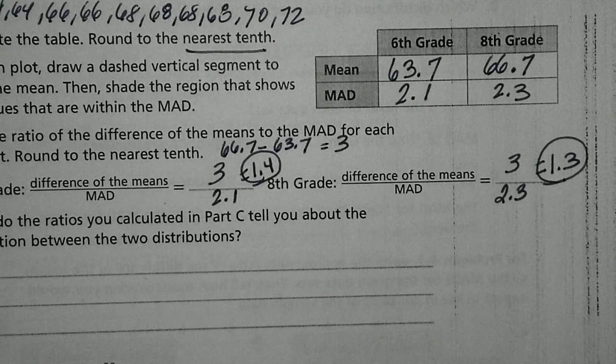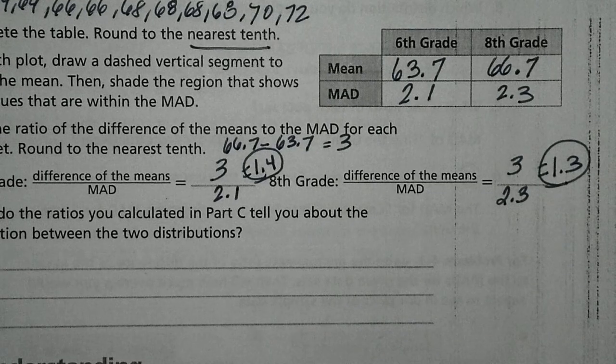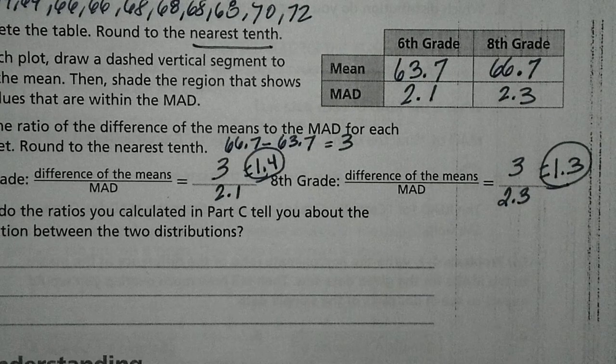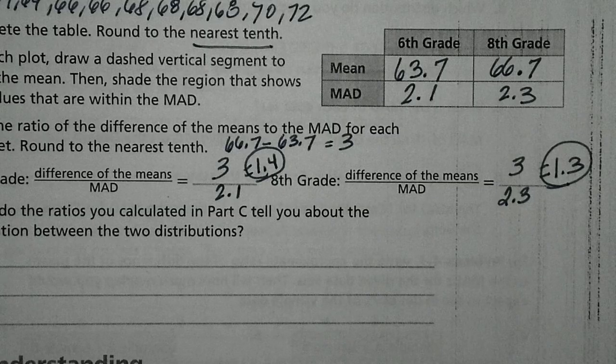Okay, so it says, what do the ratios you calculated in Part C tell you about the separation between the two distributions?